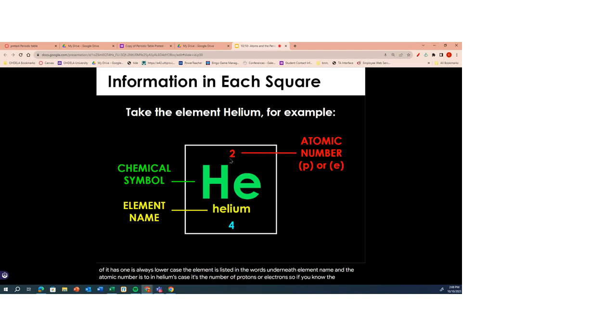So if you know the atomic number, then you can put down how many protons it has, and you can also tell how many electrons it has in a neutral atom, because if the number of protons and electrons are the same, they'll cancel each other out. And then the atomic mass is the protons plus the neutrons.